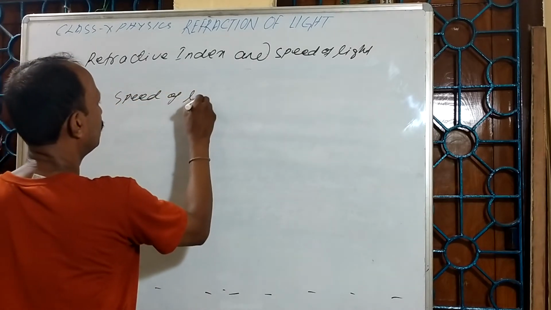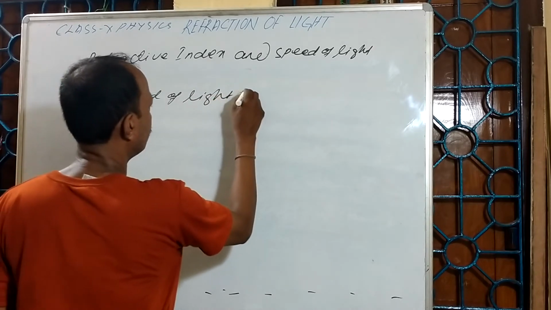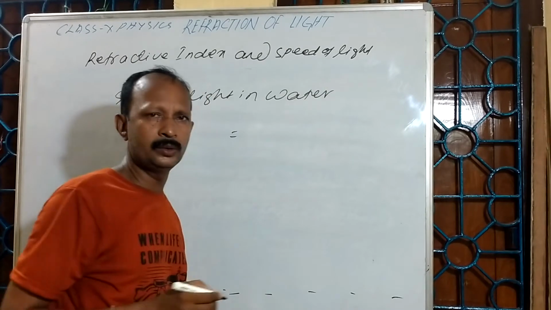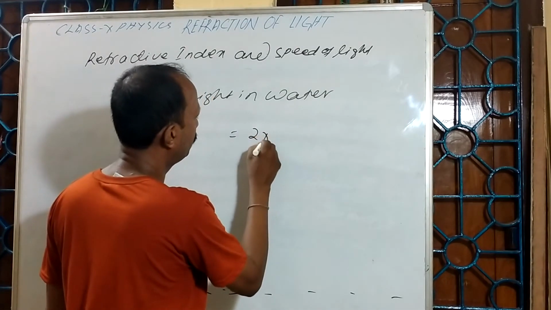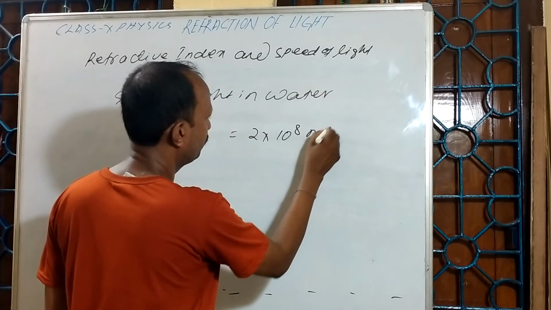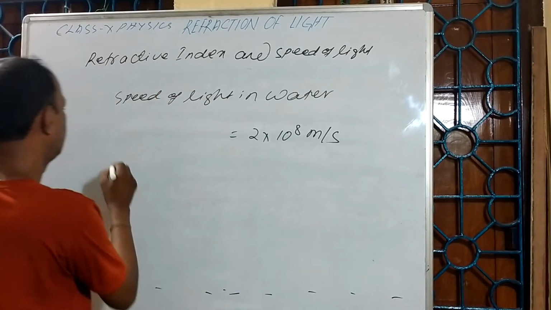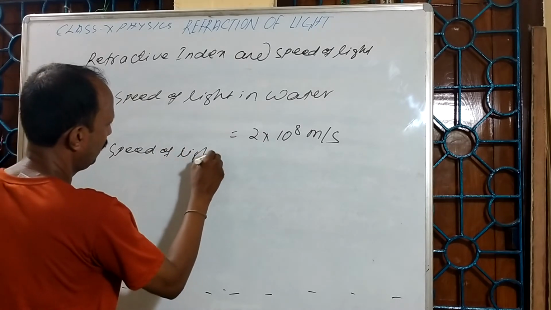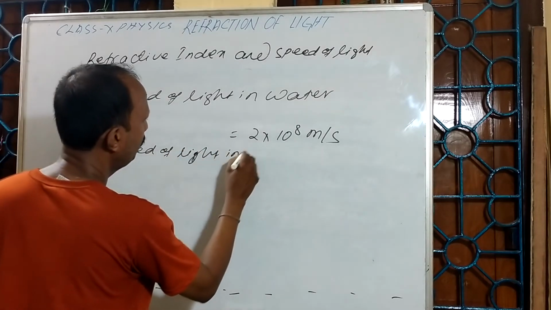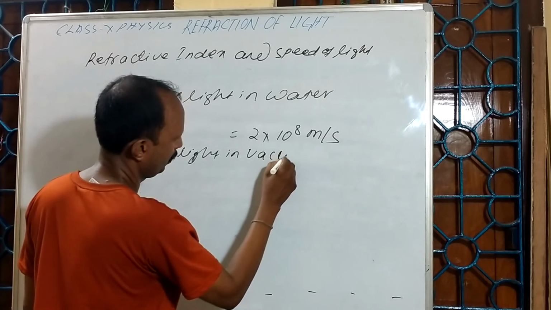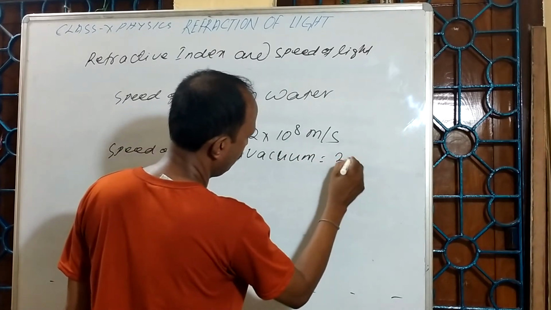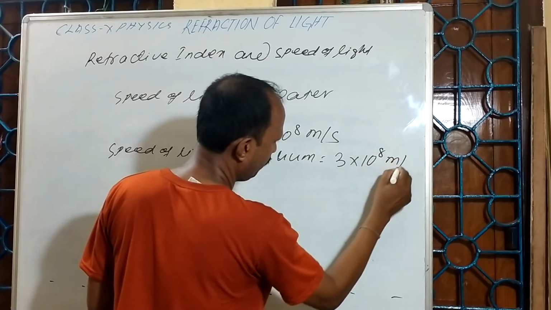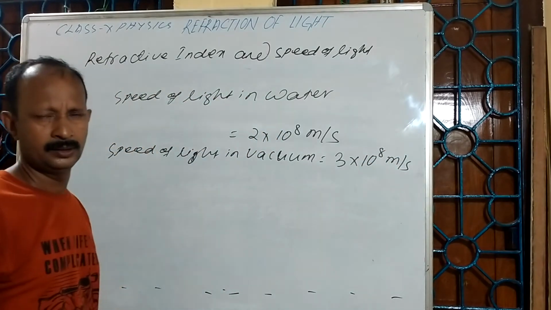Speed of light in water is equal to 2 into 10 to the power 8 meter per second. Speed of light in vacuum is approximately 3 into 10 to the power 8 meter per second.